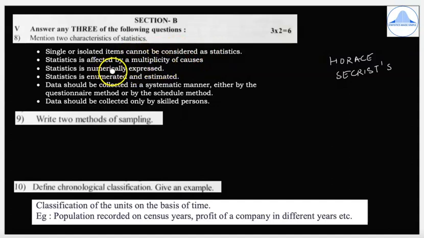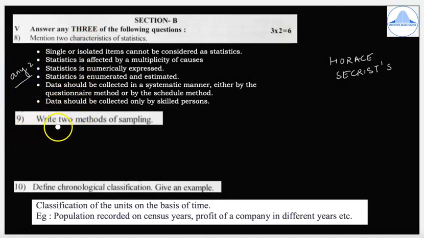Then statistics is always numerically expressed. It is enumerated and estimated, and data should be collected in a systematic manner either by the questionnaire method or by the schedule method, and data should be collected by only skilled persons. So you can write any 2 points out of these which are mentioned.